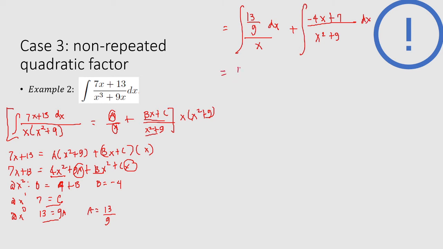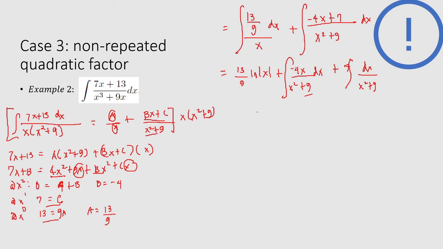Dito, let's do this na lang. Then dire, that's negative 4x all over x squared plus 9 dx plus 7 dx over x squared plus 9.